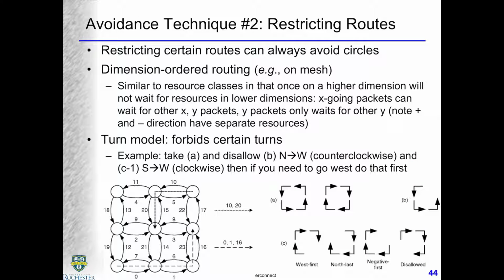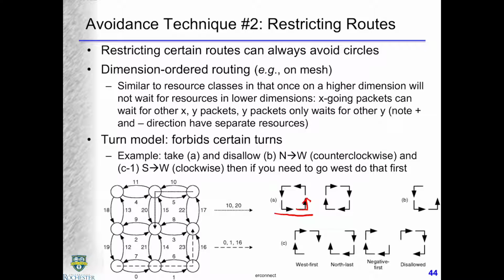So what if I don't allow certain types of turning? So you see, you can have these turns, 4 different turns in a counterclockwise direction. You were going west, and then you want to make a left turn to go north, and so on.